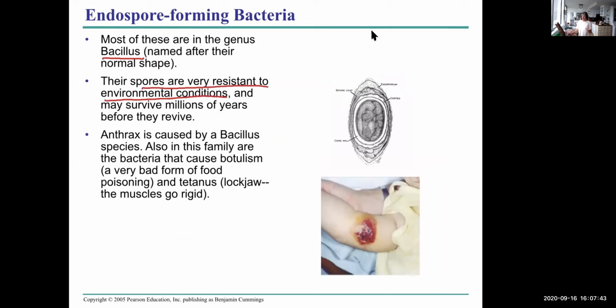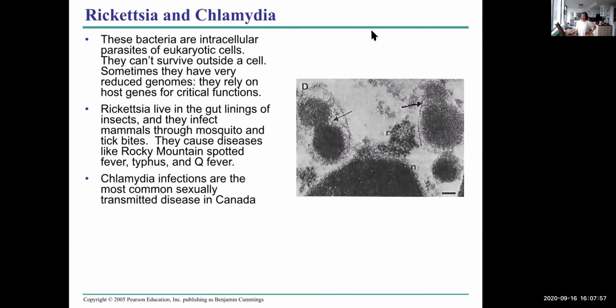They may survive possibly millions of years before they revive. Anthrax is caused by a Bacillus species, and the family of bacteria that cause botulism and tetanus are this type of bacteria. Some bacteria cause rickets and chlamydia.